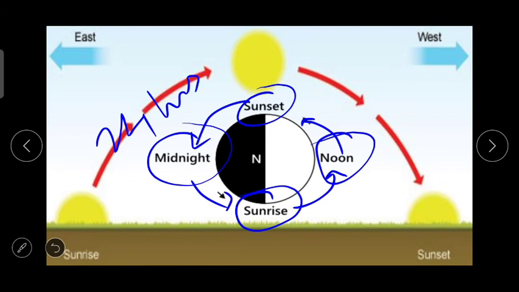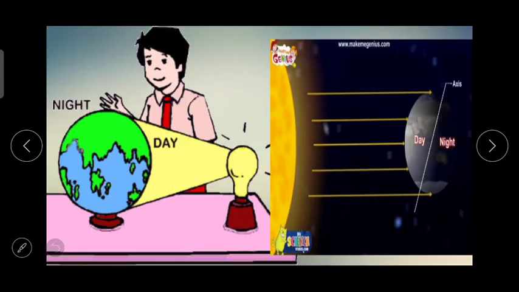Earth rotates from west to east, and during rotation the longitudes in the western part face the sun gradually, while those in the east experience darkness. Now on the screen you can easily understand this with the help of these two diagrams.